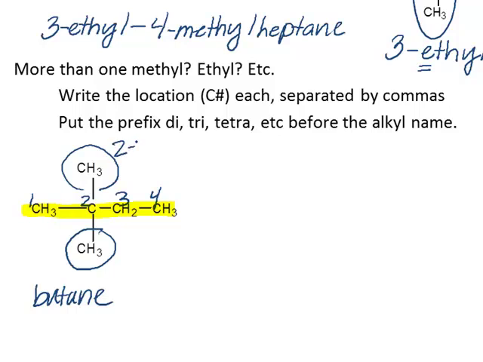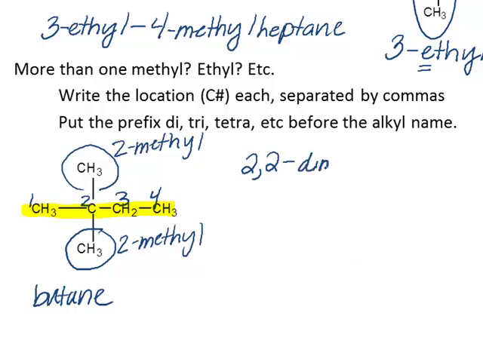That gives me a 2-methyl, and it also gives me another 2-methyl. The fact that these are both methyls means that I can combine them in the name. And if I do so, it would look like this. 2,2, indicating that they're both on the 2nd carbon, dimethyl. And finally, the ending of the name would be butane.